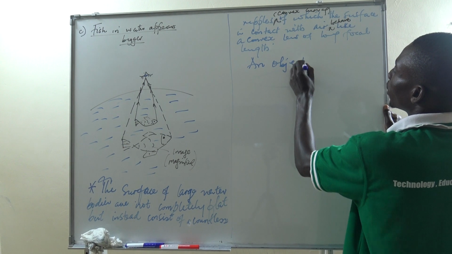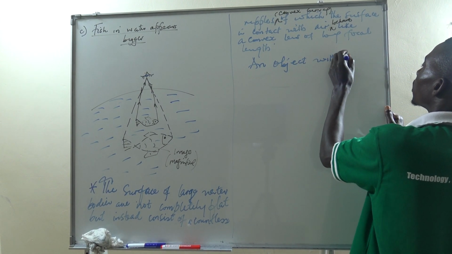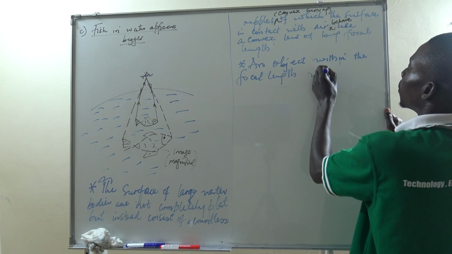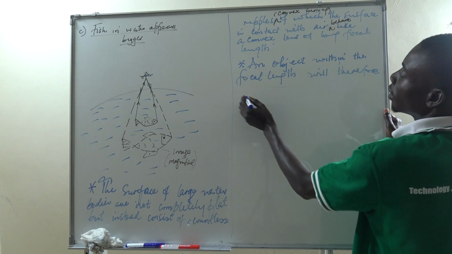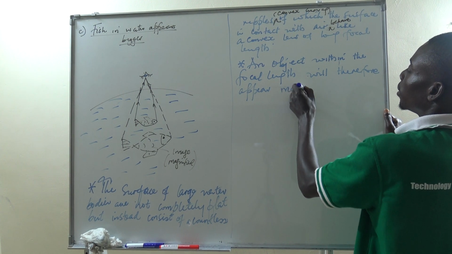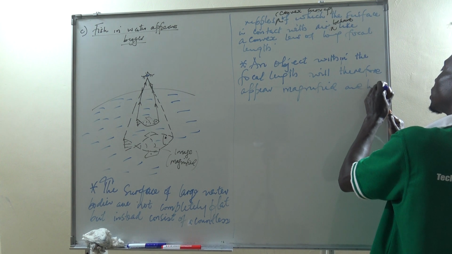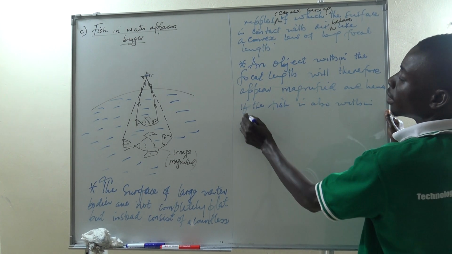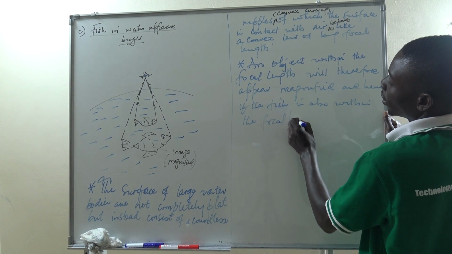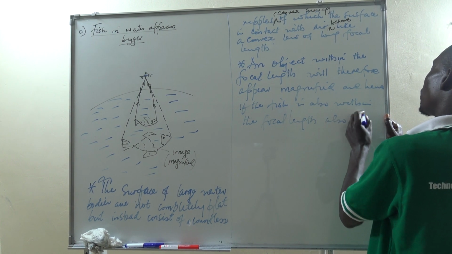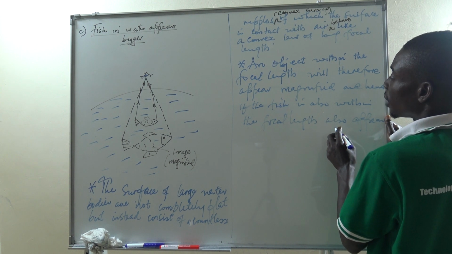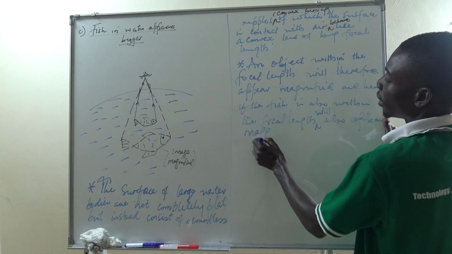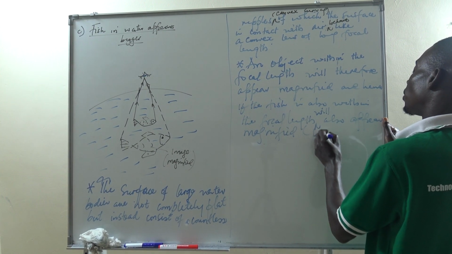an object within the focal lengths will therefore appear magnified, and hence if the fish is also within the focal lengths, it will also appear magnified, in bracket, appear bigger.